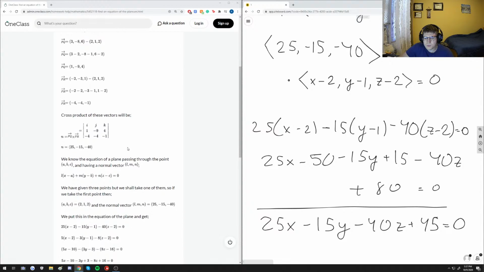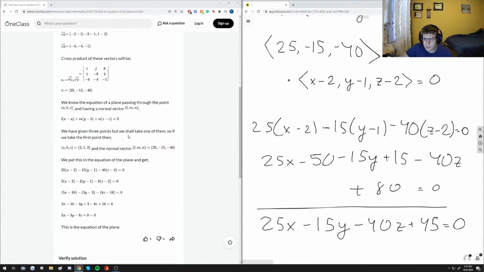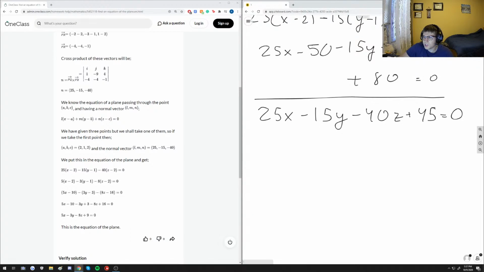So this should be it right here, but we can actually, as the answer choice says here, divide every term by 5 because this is set equal to 0. We can factor out a 5 safely, so we get 5x minus 3y minus 8z plus 9 is equal to 0.